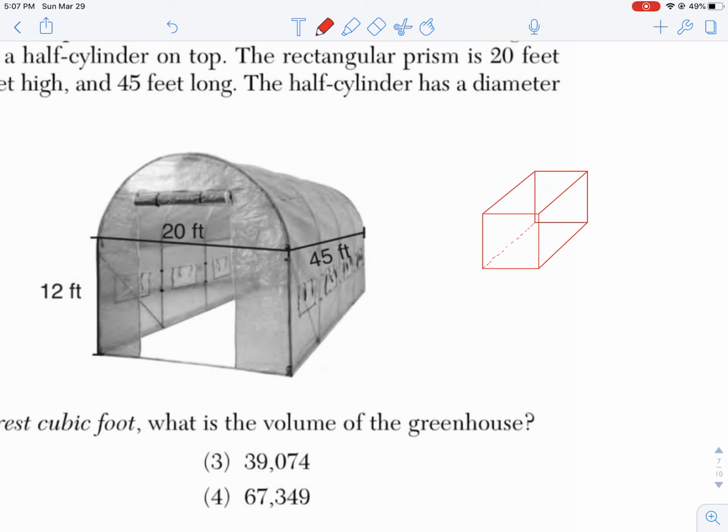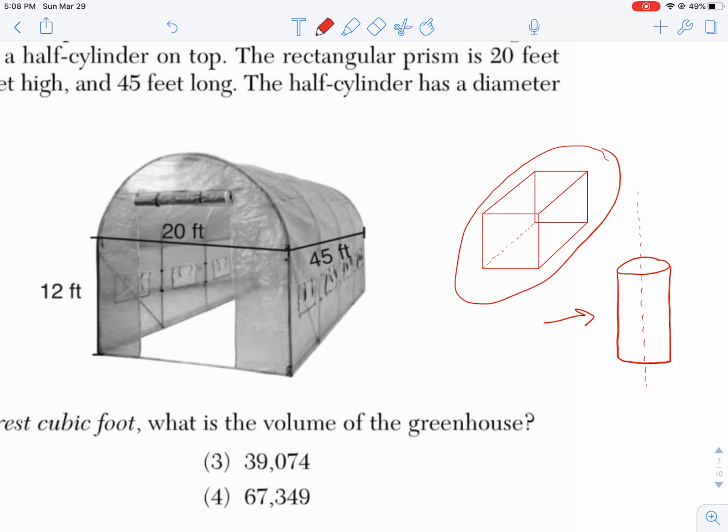So there is our rectangular prism. And then we're also going to have to find the volume of the cylinder on the top. And then we're just going to have to cut that volume in half. So you'll add this volume with half of the volume of the cylinder. So that is our plan here. Okay, ladies and gentlemen, that being said, let's get started.